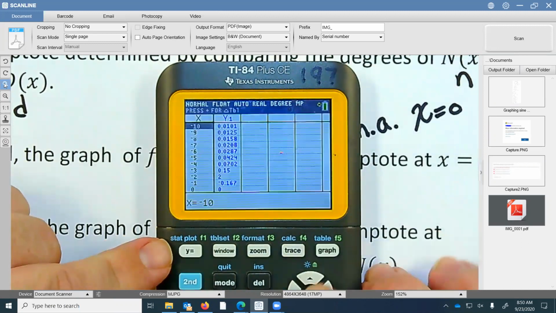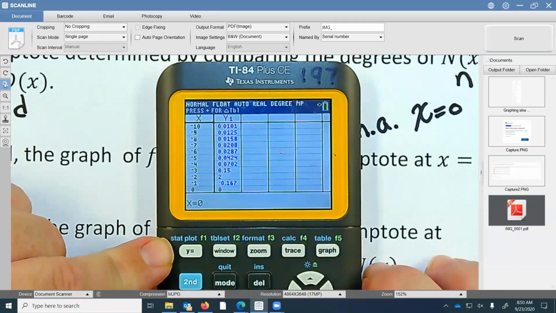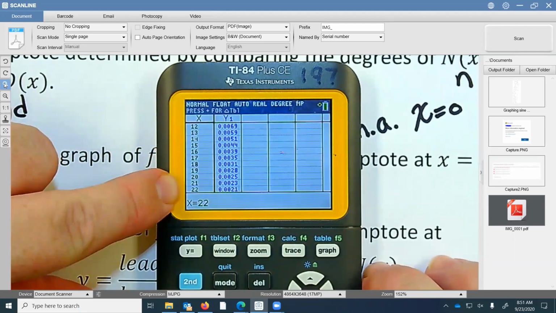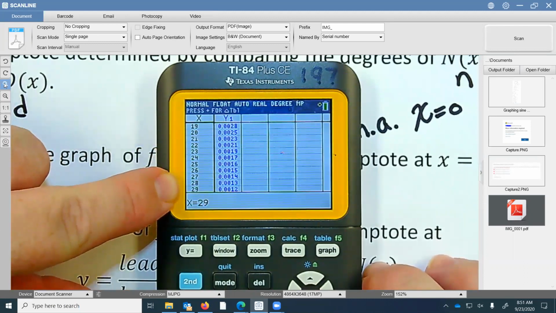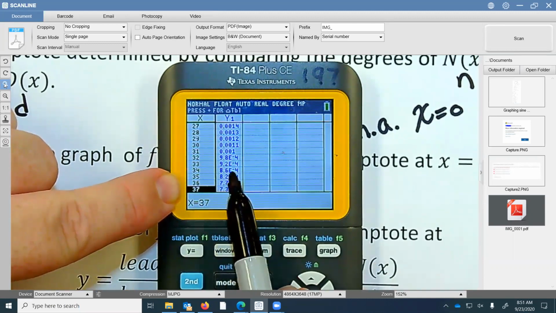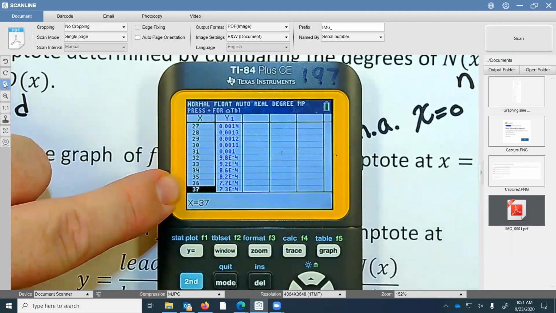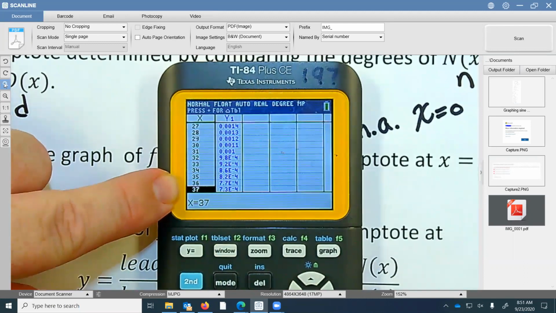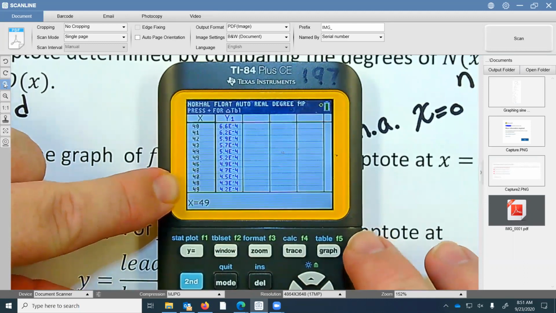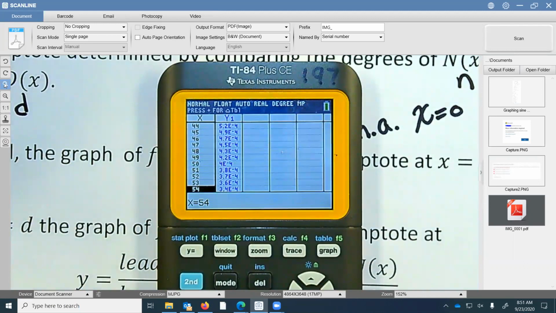And if we look at our table, you can see that as I get further and further and further out, I'm getting closer and closer and closer to 0. Now, remember, this is all scientific notation. So this means 9.8 times 10 to the -4. So that'd be 0.00098. So as I get further and further, I'm getting closer and closer to 0, but I'm never actually getting to 0.